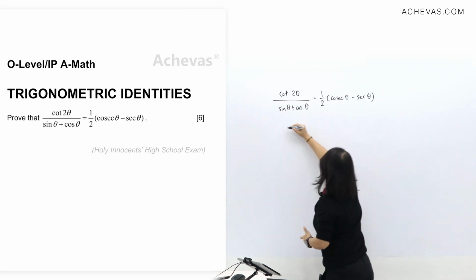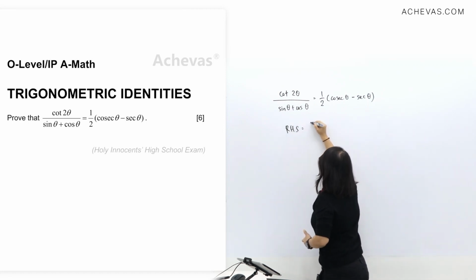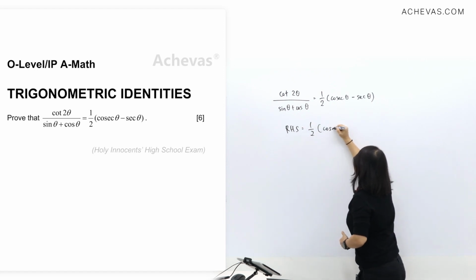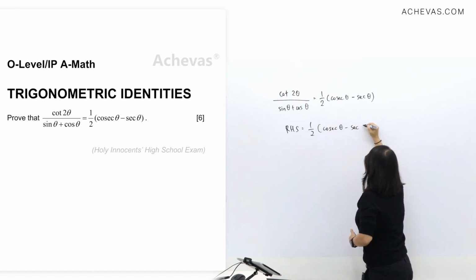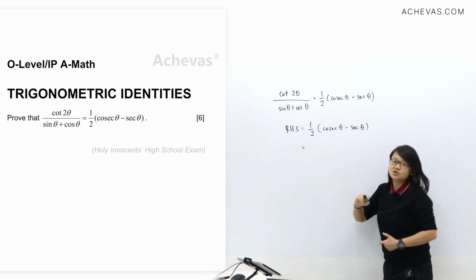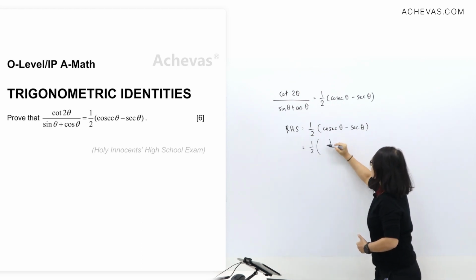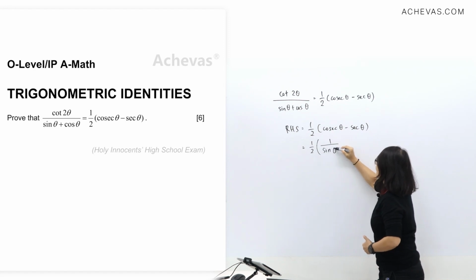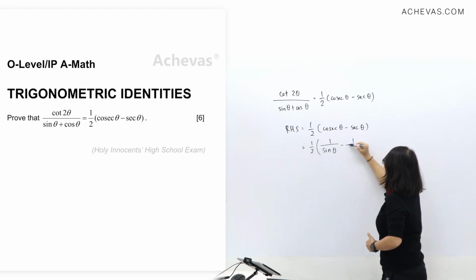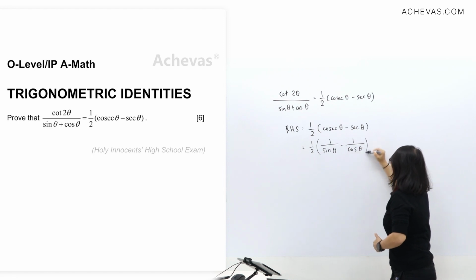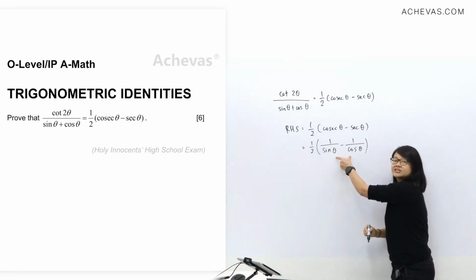Now let me just write right hand side. I'm going to change cosec into 1 over sine theta, and secant into 1 over cos theta. Now you'll see that I can combine this fraction over here.